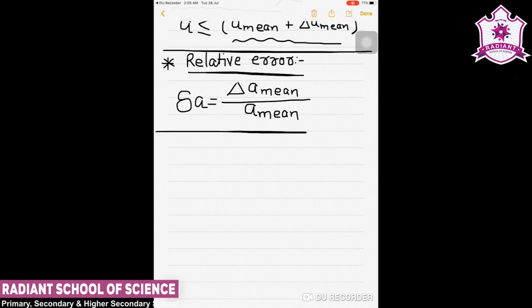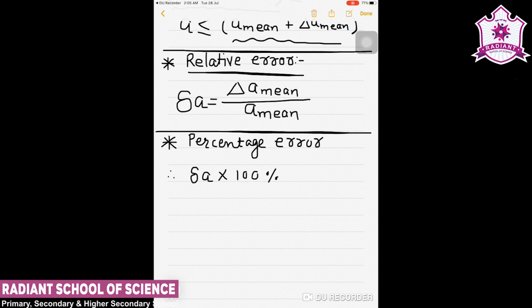And now if this is multiplied by 100%, it is called percentage error. So percentage error is nothing but delta A into 100 percentage. So if relative error or a fractional error is multiplied by 100%, it is called percentage error.